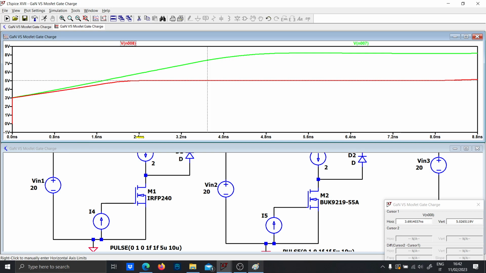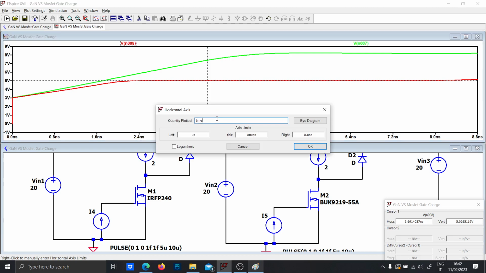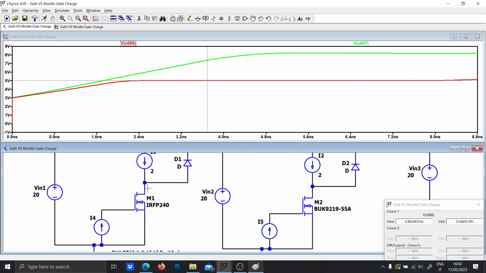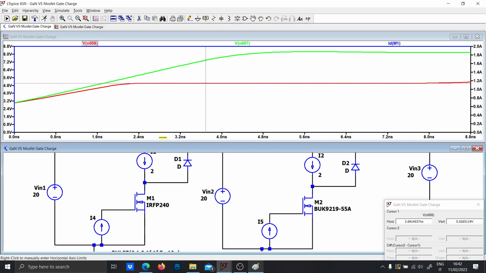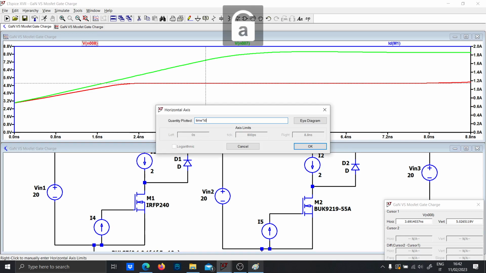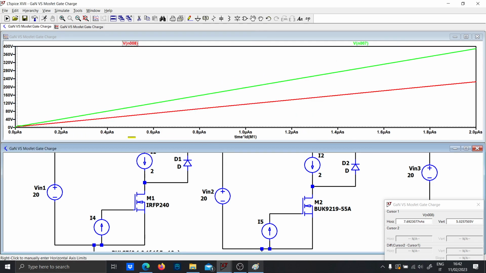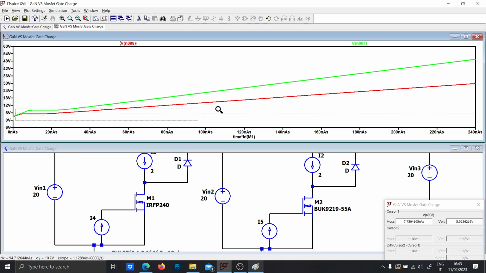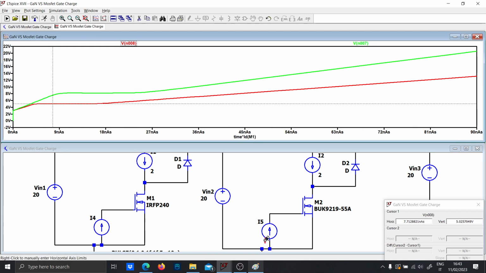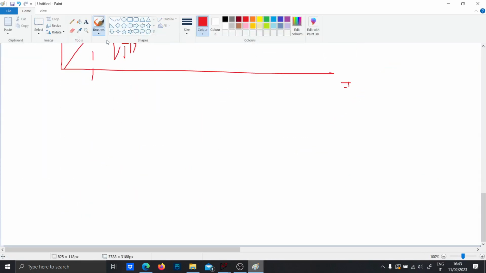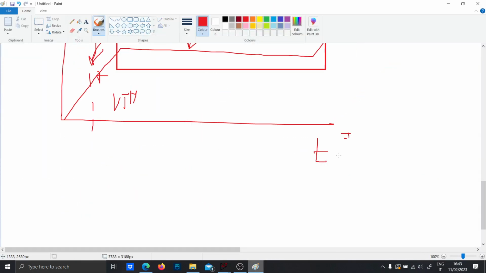You can multiply the time times the current. For instance, ID of M1 times time. Why am I doing this? Because here you have the time, but if you multiply the time by the current, you're going to have a charge.